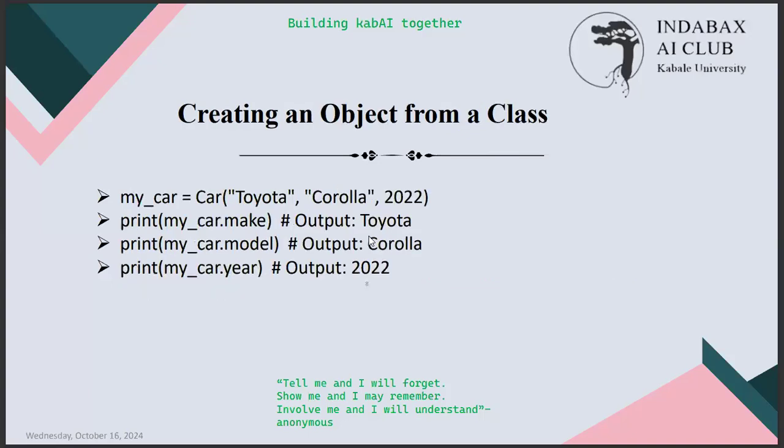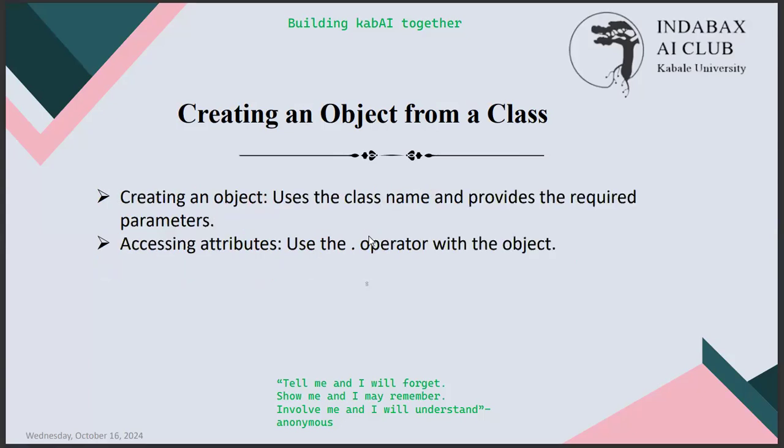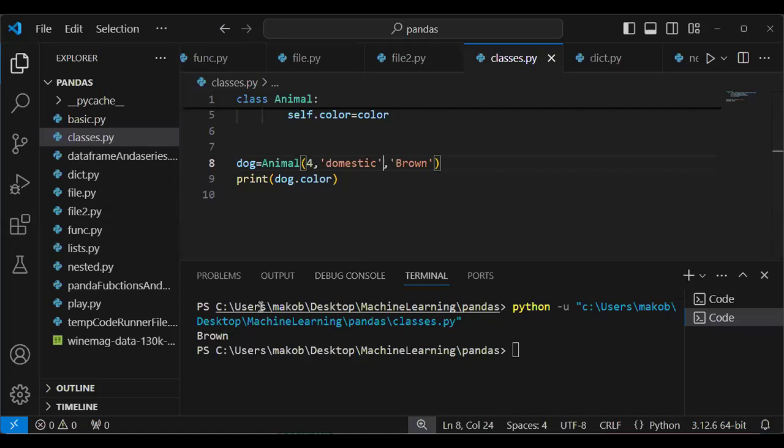We've created an object. You use the class name and you provide the required parameters. That's what we have been doing. Then when you're trying to access the attributes, you use the dot operator. This dot here is not a full stop from your English. It is called the dot operator. It helps you to access attributes from a class. So you're seeing brown has been printed here.